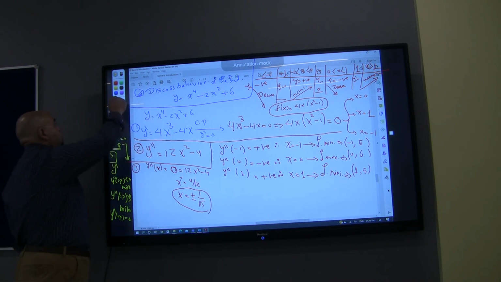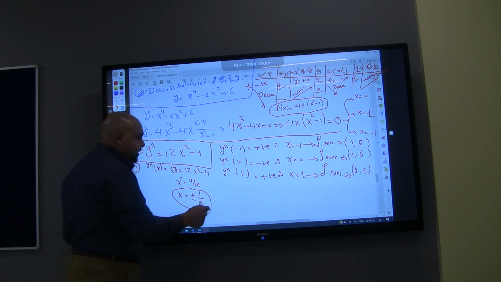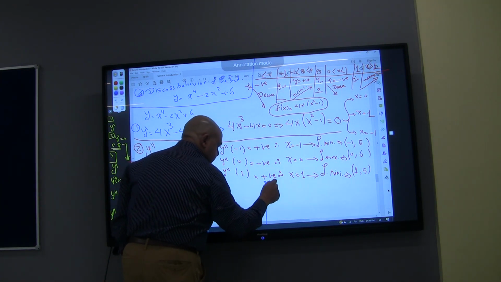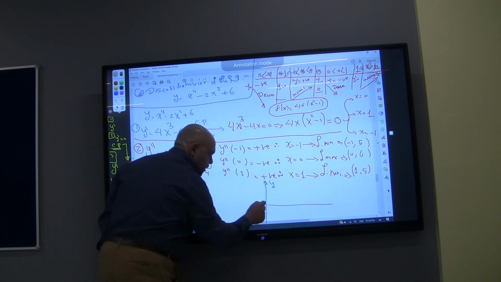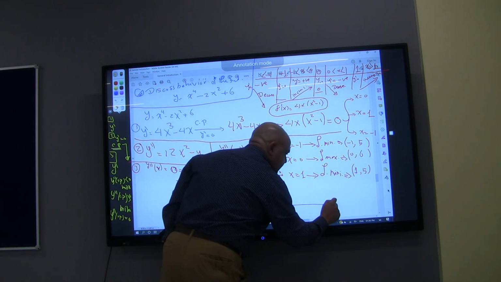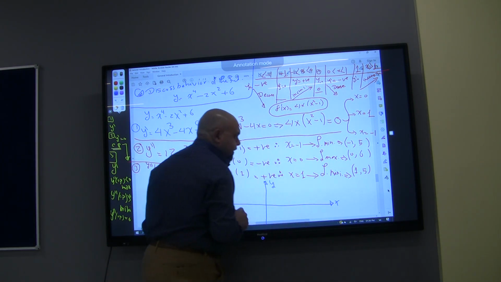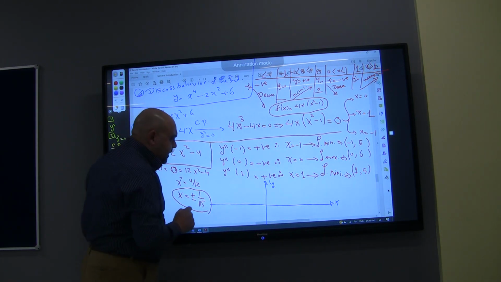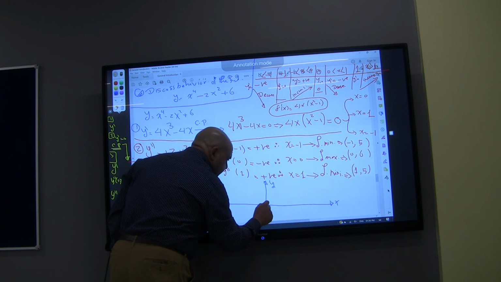From all of this, I can speculate the shape of this function. If I consider this the y axis, and this the x axis, and I go to these points at x equals 0, here x equals 0, this is the first point.